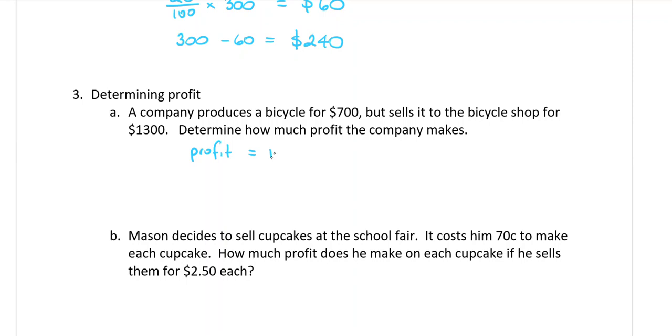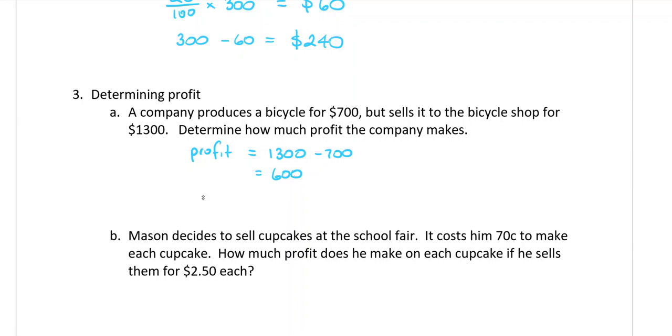And we subtract our numbers, 1300 minus the 700. So that's $600 profit that they're making on that bike.